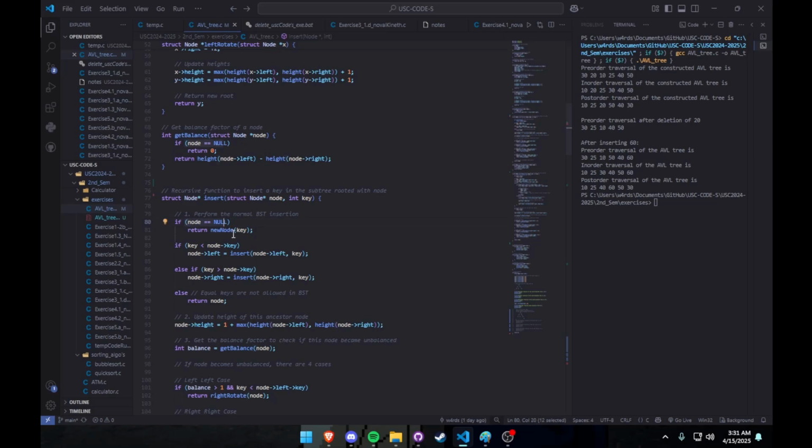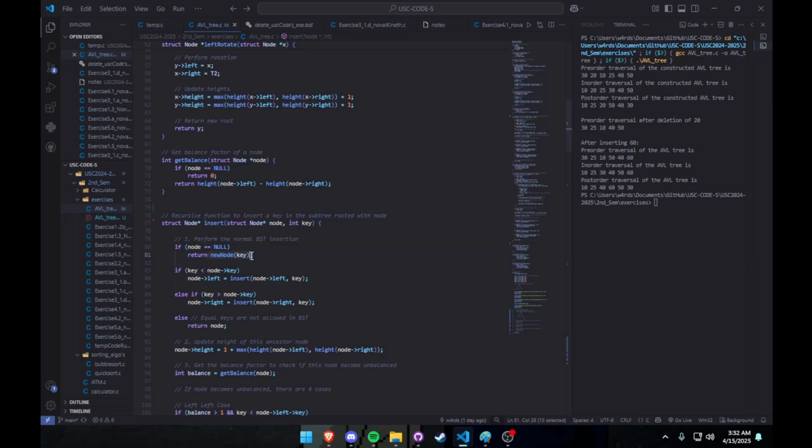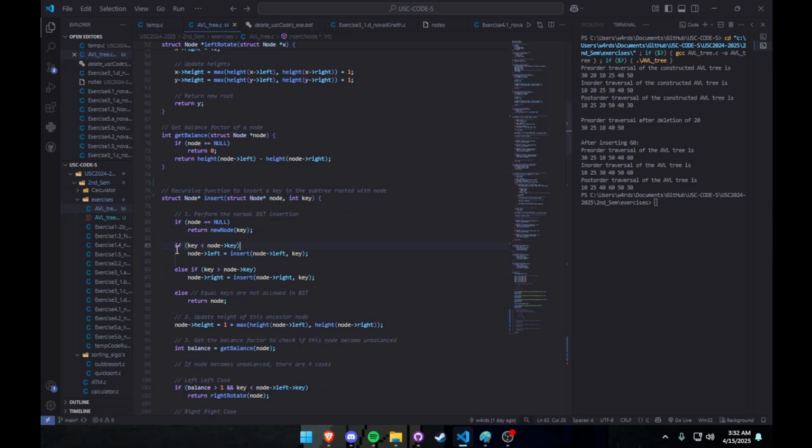So if node is equal to null, then return the new node key, meaning just return back the original value, and then after that call this function. If key is less than the node's key, then node left is equal to insert.